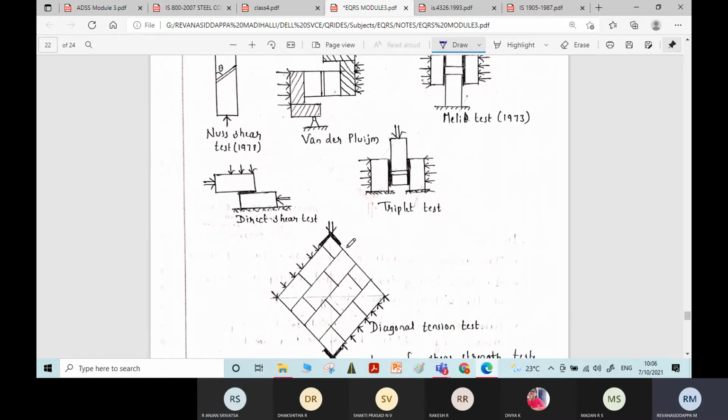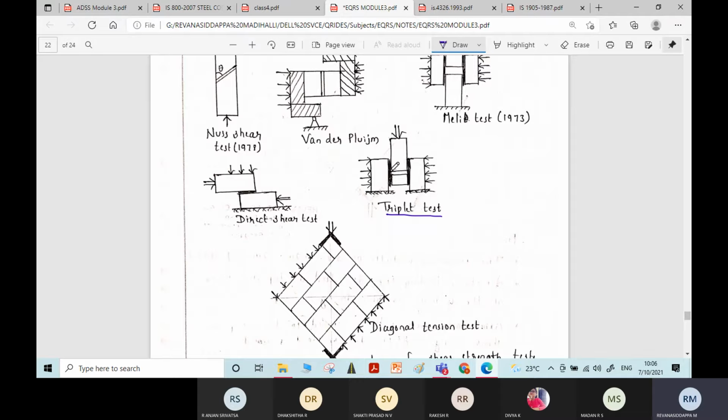This triplet test we have recently done in our structural engineering lab. Recently we received some consultancy work where we were given brick samples to assess the shear strength of the brick. This test we have performed recently. It is a very simple test.